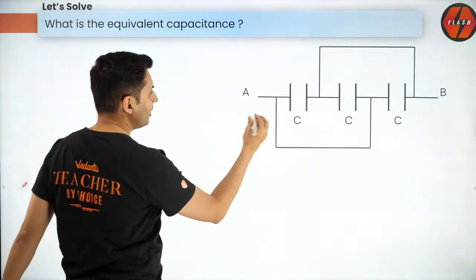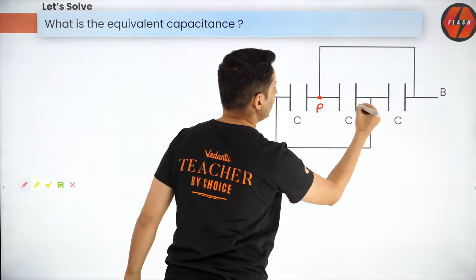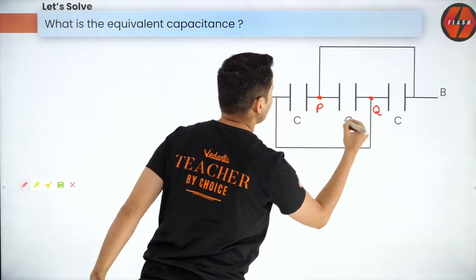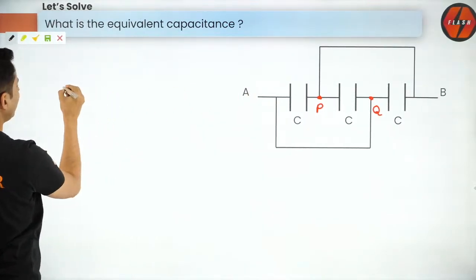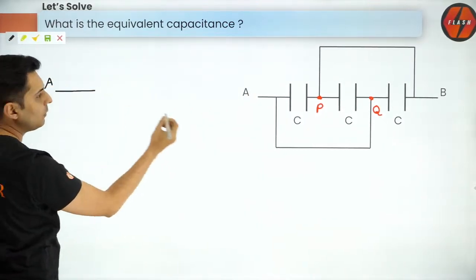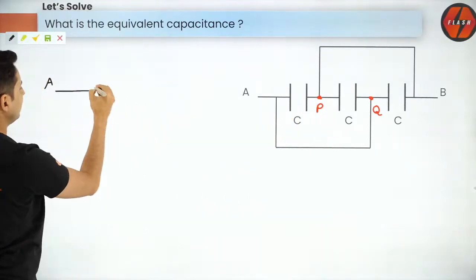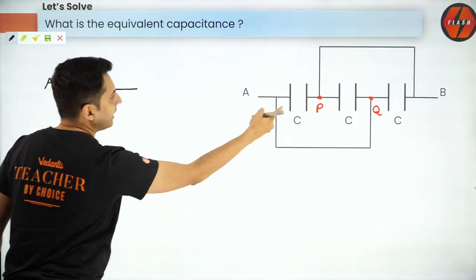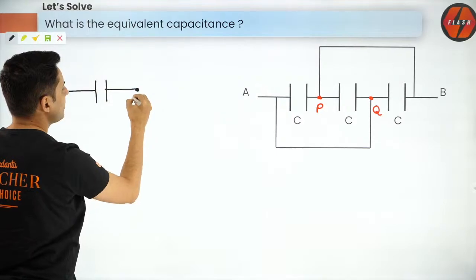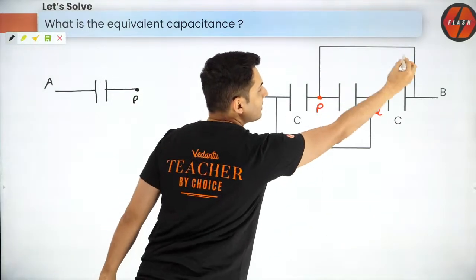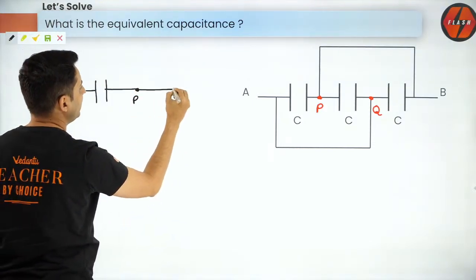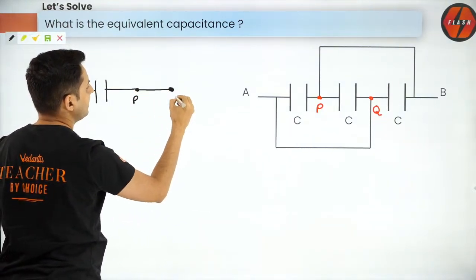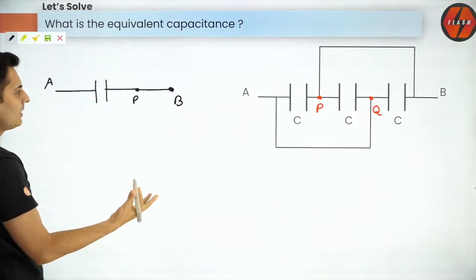If I mark these points as P and this point as Q, then you can redraw that circuit, guys. From point A, you have this capacitor like this, and it goes till point P, but point P is the same as point B because there is a wire over there. So this point P is nothing but point B, obviously.